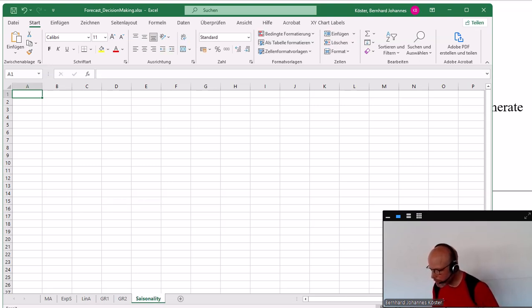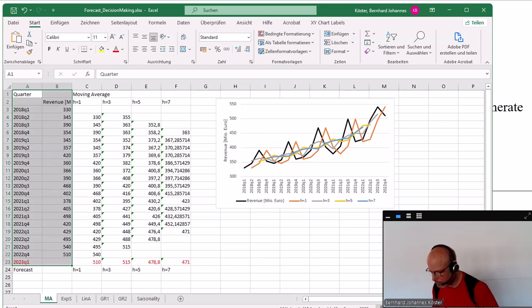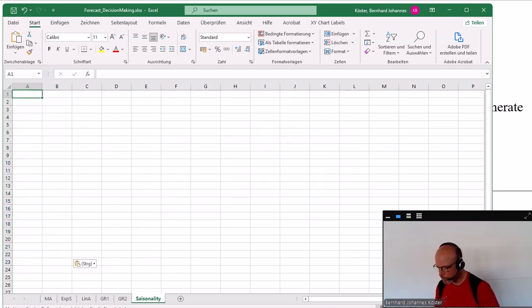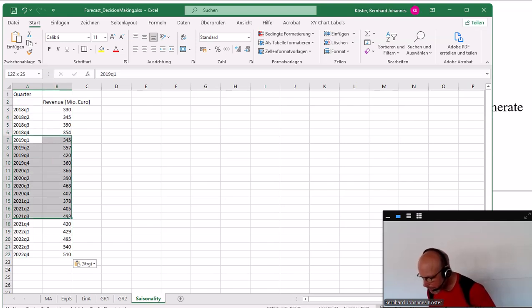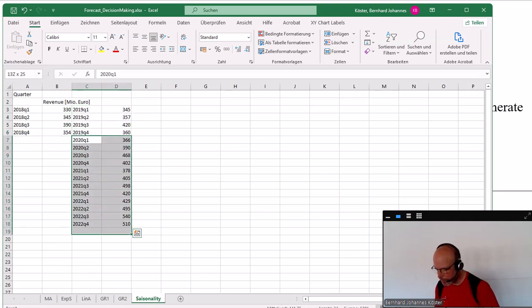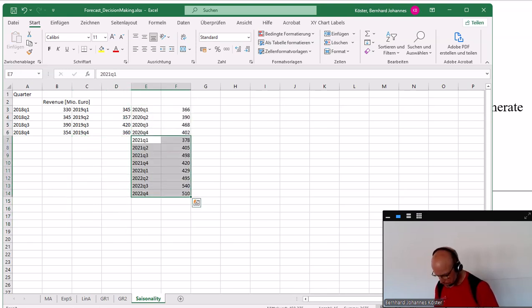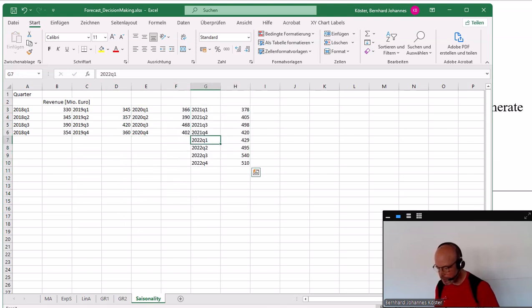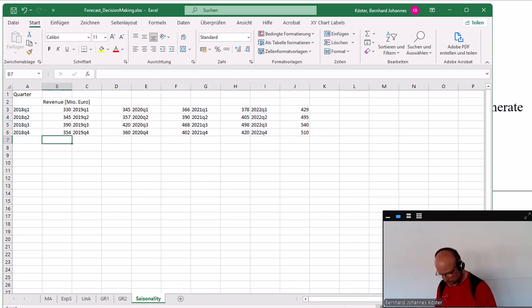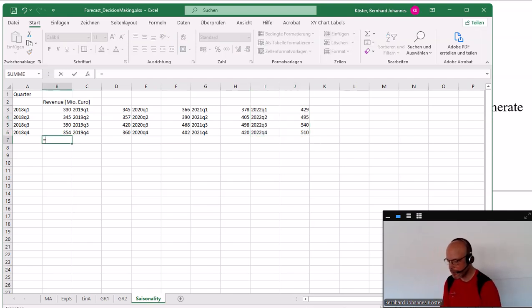So again, our data. And now I will just rearrange it because I need the averaging for every year. This we have already done for 2018.